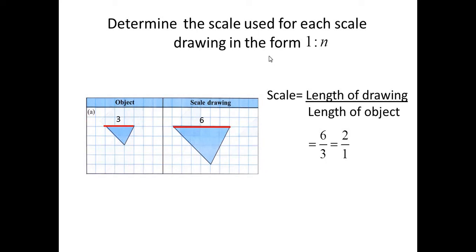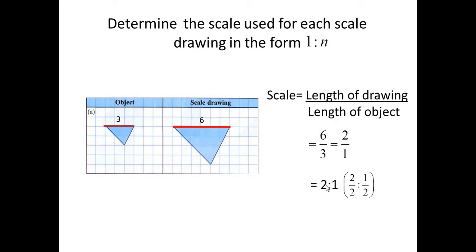The question wants us to determine it in the form of 1:n. So this is in our fraction form. Therefore the scale being used is 2:1, but it is still not in the form of 1:n.